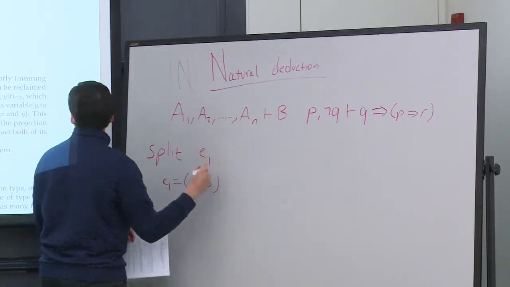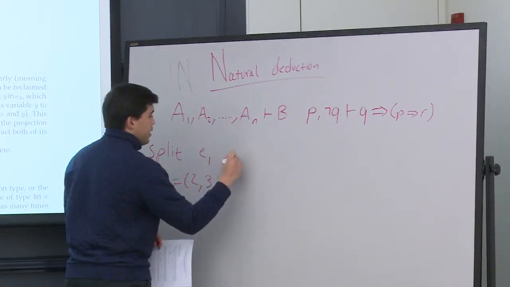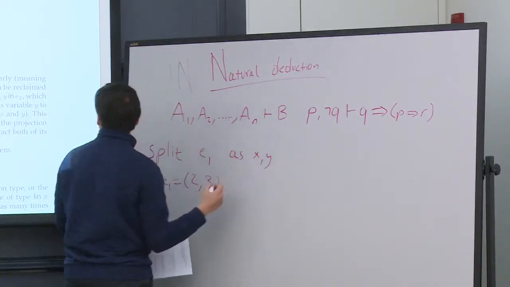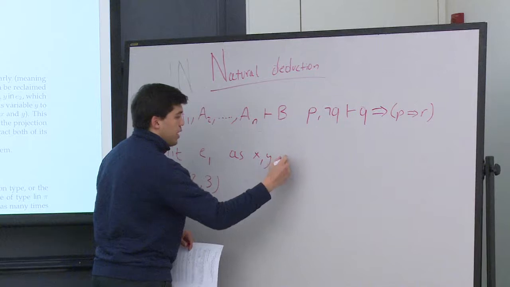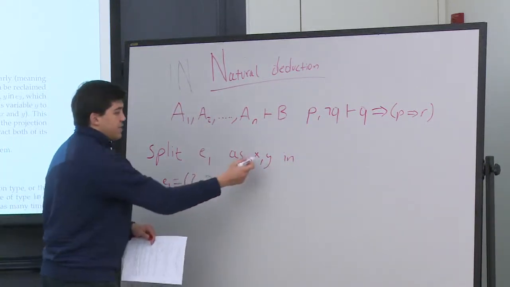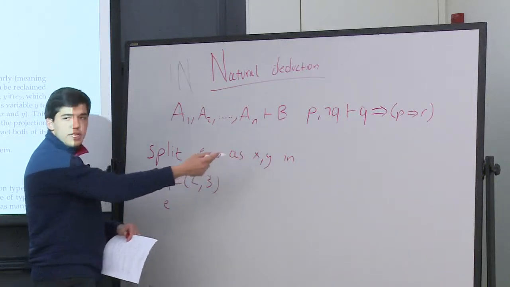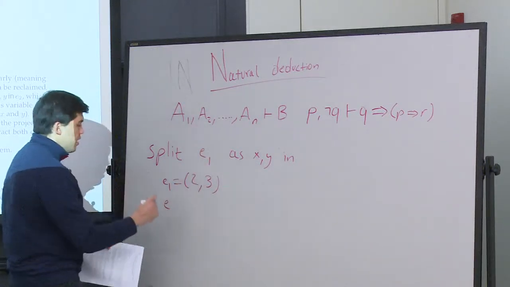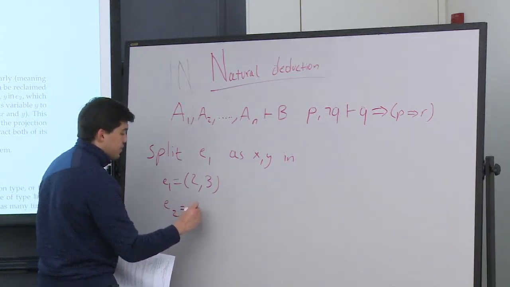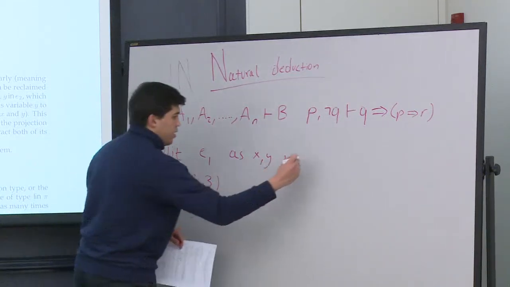Split E1 as x, y. It could be A, B, whatever, in E2. And let's have our E2 utilize x and y, or A and B, whatever we state here. Let's say E2 should be equal to x plus y.